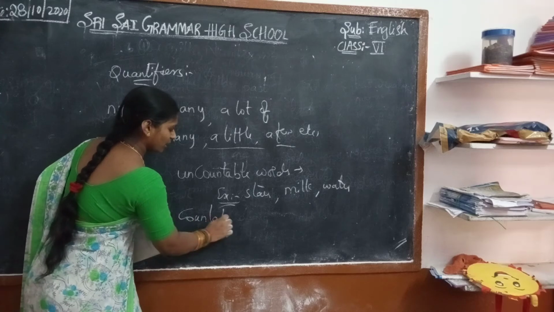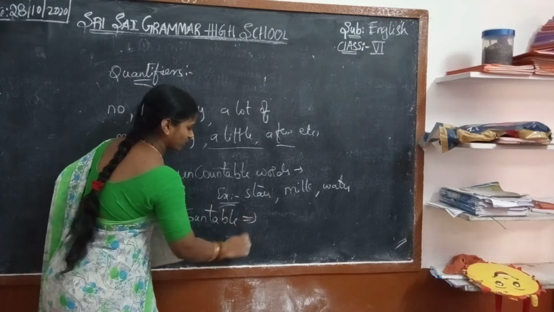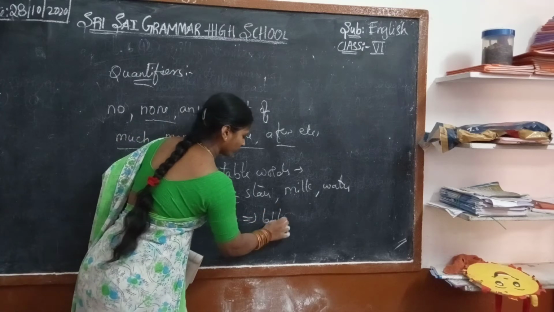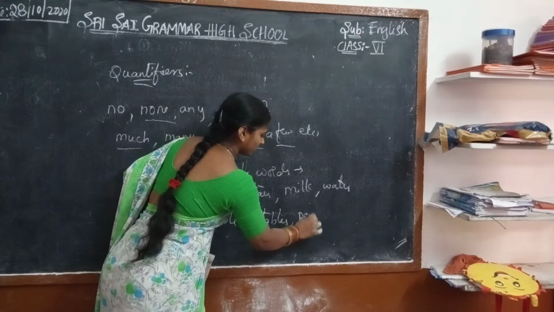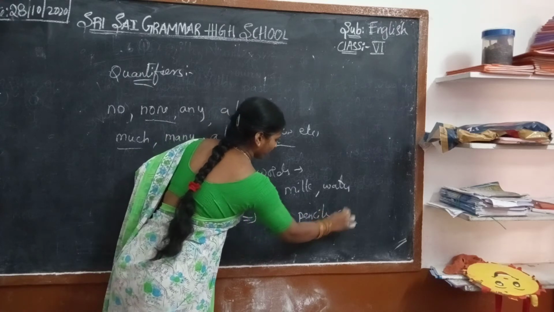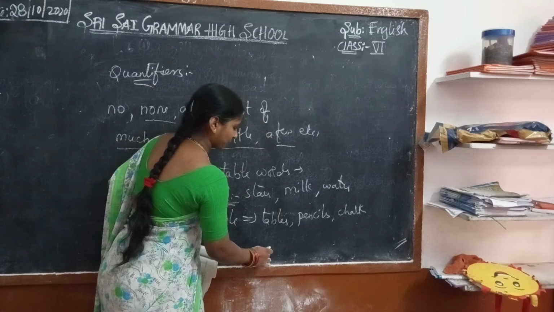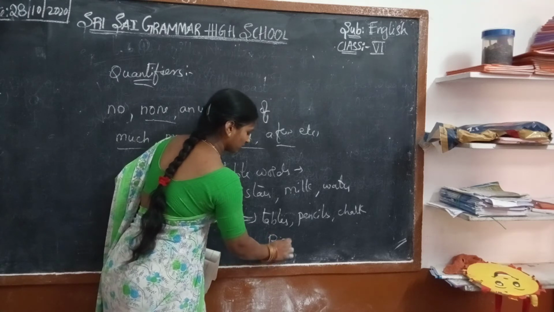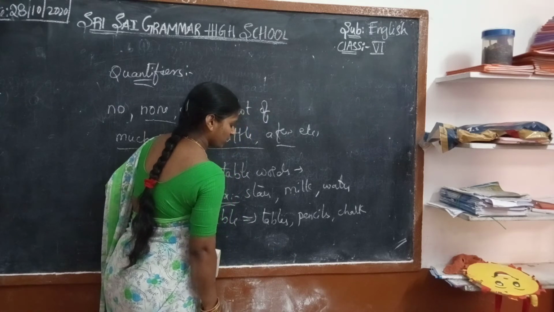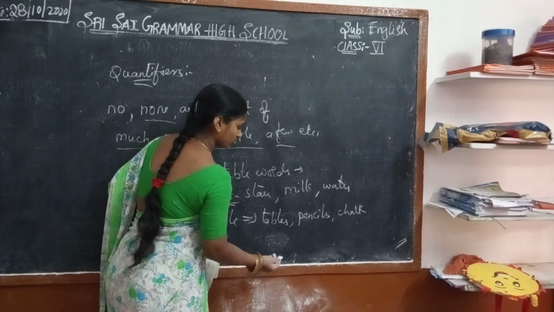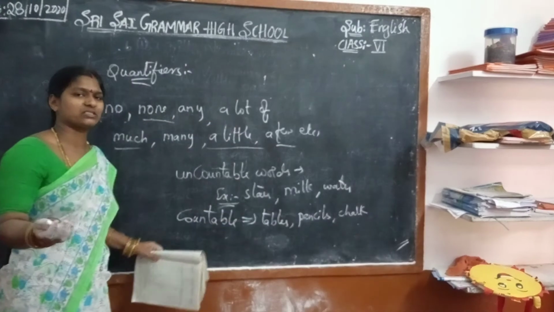Countable means which can be counted, like table, tables, pencils, chalk piece, chalks. Rice cannot be counted. So more, anything, eatable things, whatever.